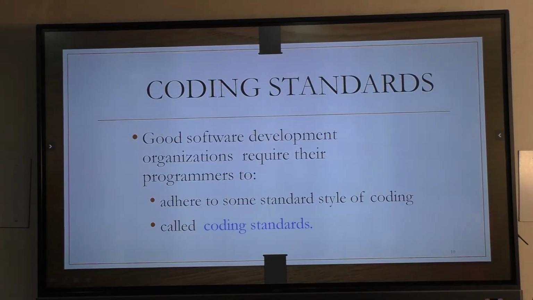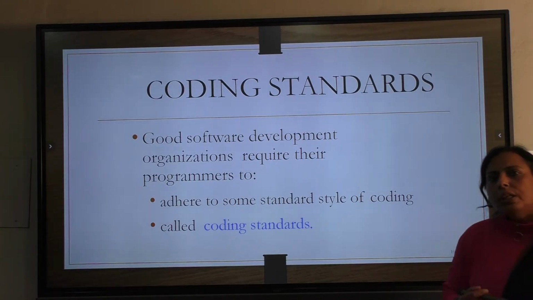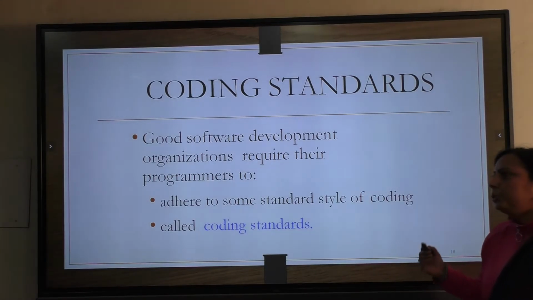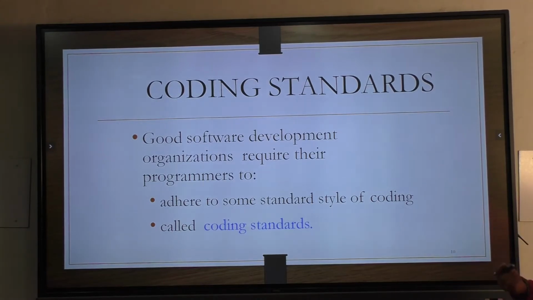Then coding standards. Good software development organizations require their programmers to adhere to some standard style of coding called coding standards. Means all software developing organizations use a coding standard of their own, and that is known as a coding standard. The programmers follow some rules and standards to write the code.